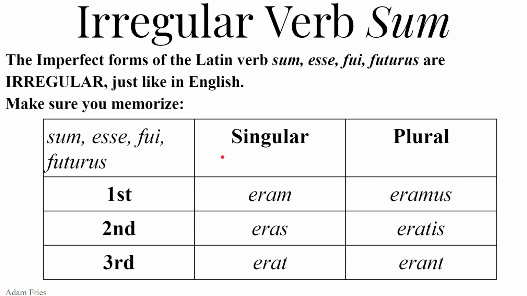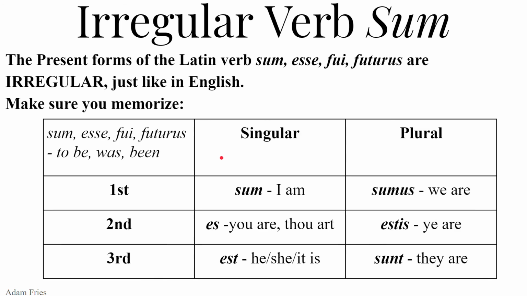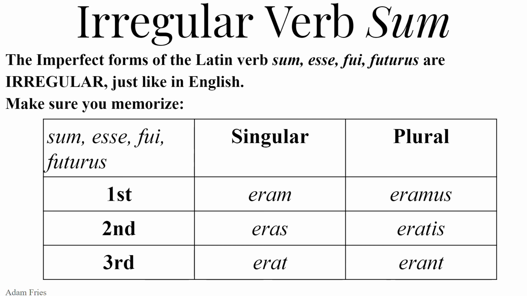For the imperfect, the forms are eram, eras, erat, eramus, eratis, erant. Compare with sum, es, est, sumus, estis, sunt. Slightly more regular. So if you know it's era, like it's ba, the tense marker ba for the other verbs. We have era, s, t, mus, tis, nt.